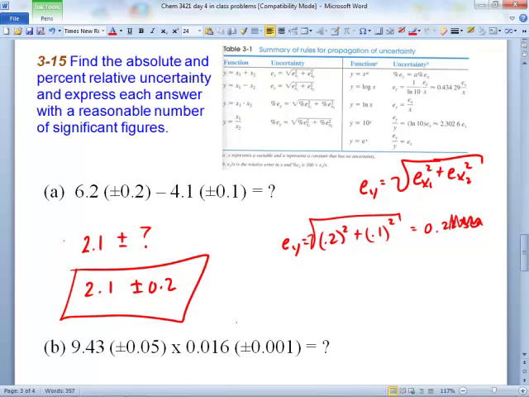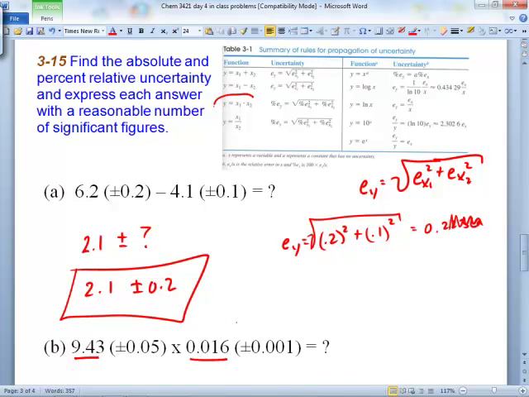Okay. Find the error equation you have to use. You see it? We're multiplying two numbers, right? Here are our measurements, and we're supposed to be multiplying them, so we should use the third one down.